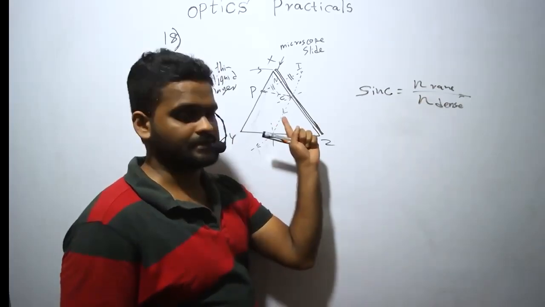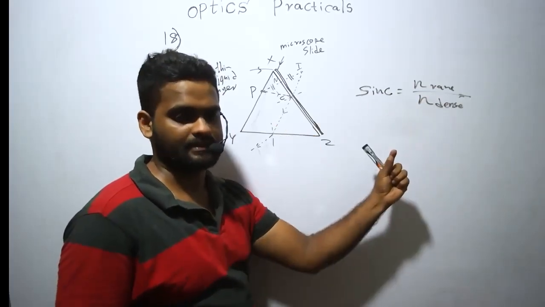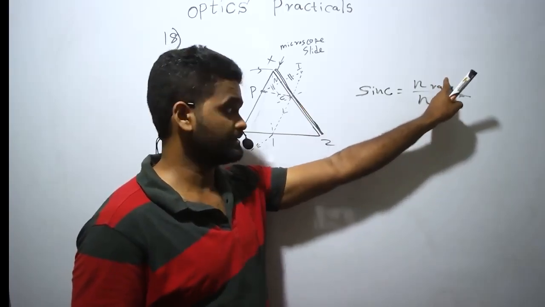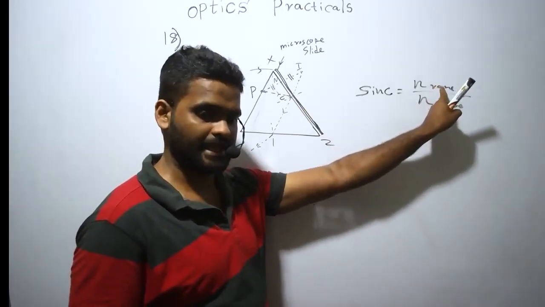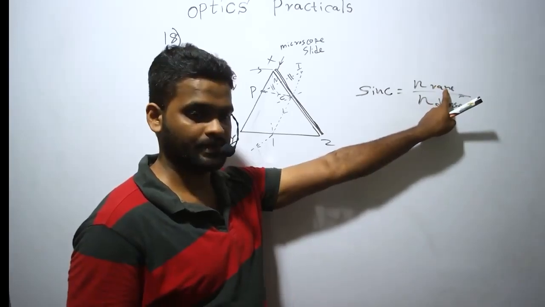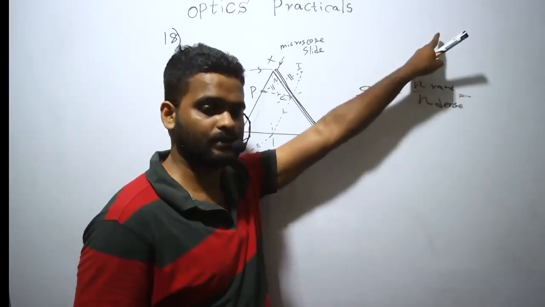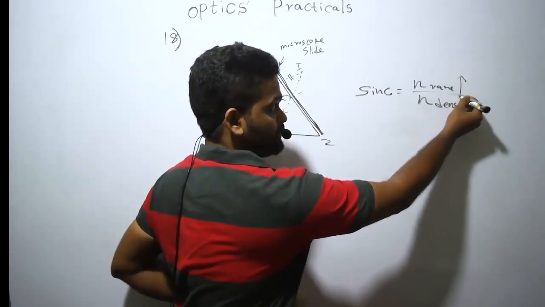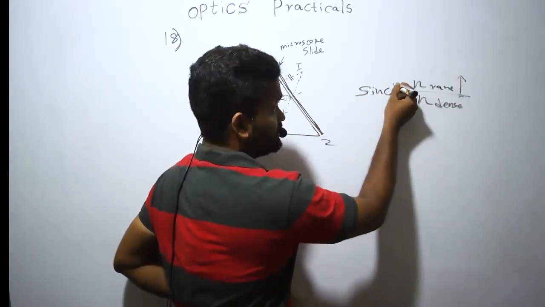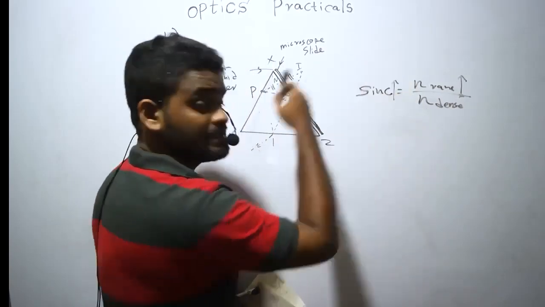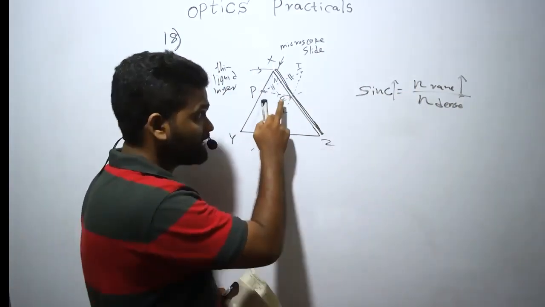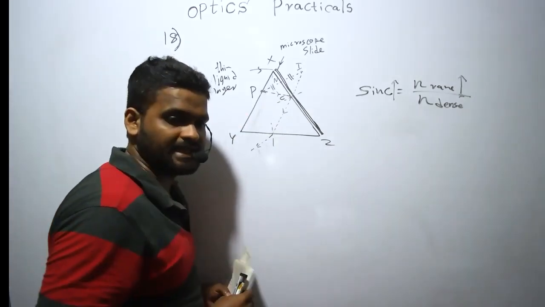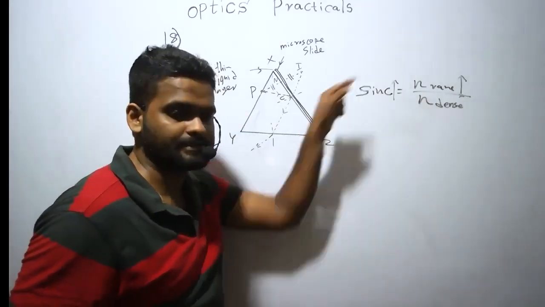Dense medium is the glass, right? It does not change in both cases. But in the previous case this was 1, it was air. Now there's a liquid. Liquid has a higher refractive index than 1. So if this is higher, the critical angle should be a large value compared to the previous one. Understand? When there's a liquid layer here, the critical angle increases.